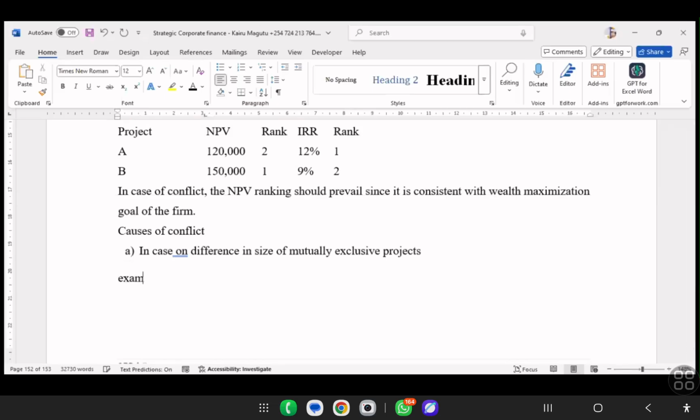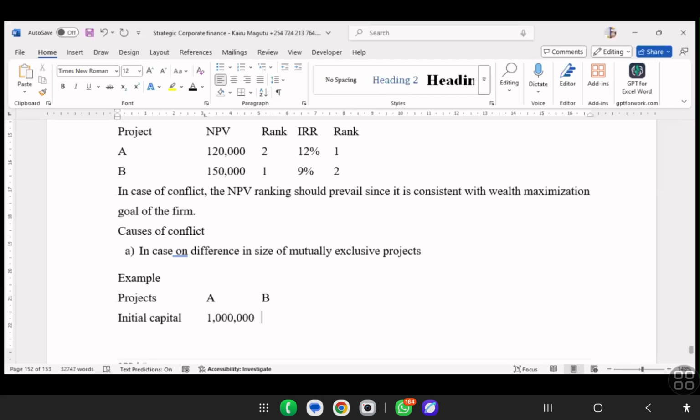Example, we are given two projects, A and project B. We are told that the initial capital for project A is 1 million Rwandan francs.